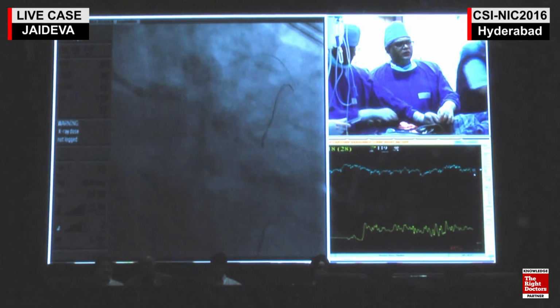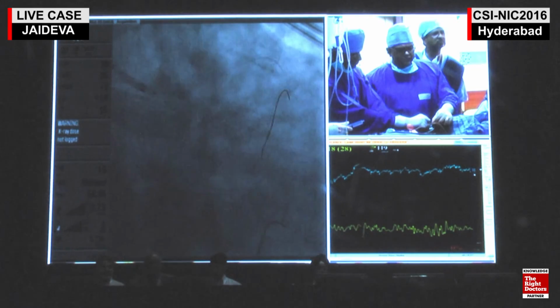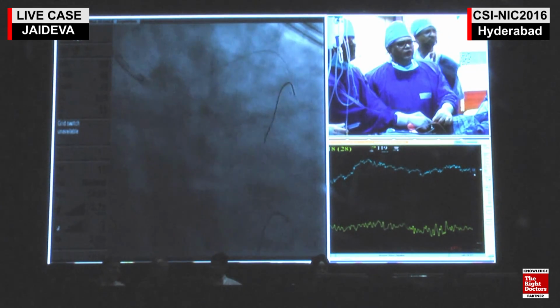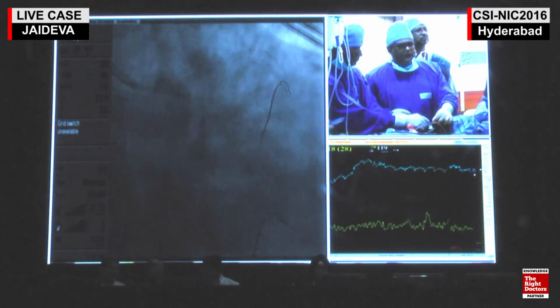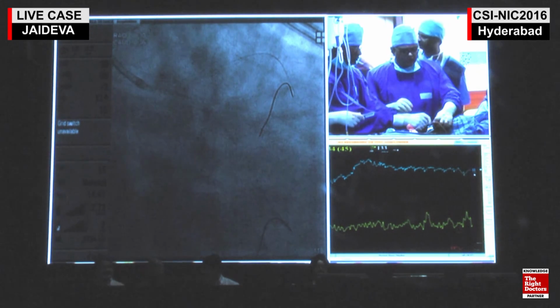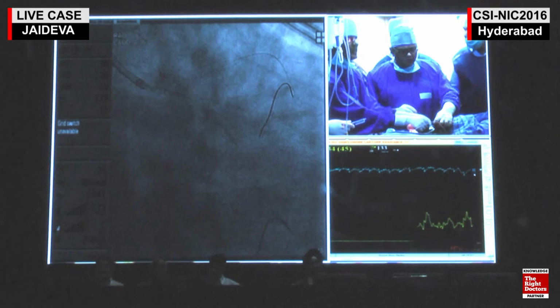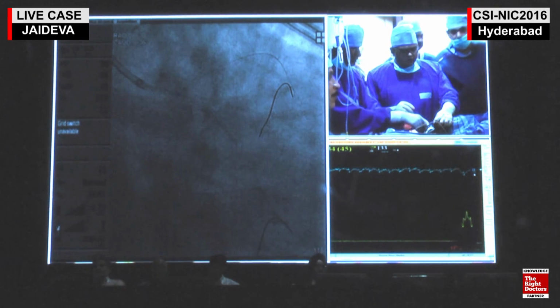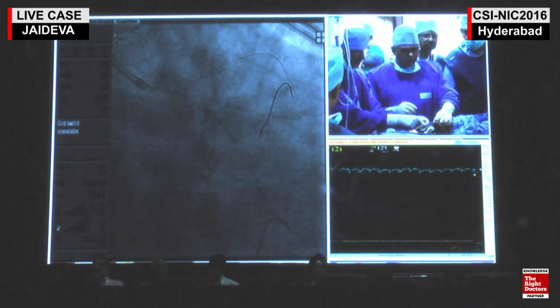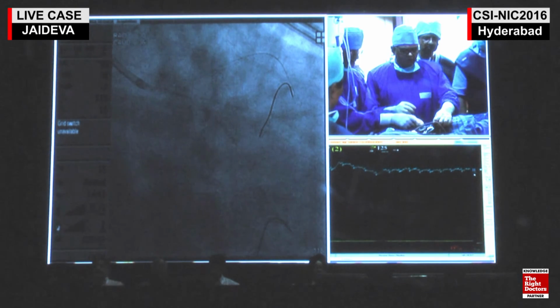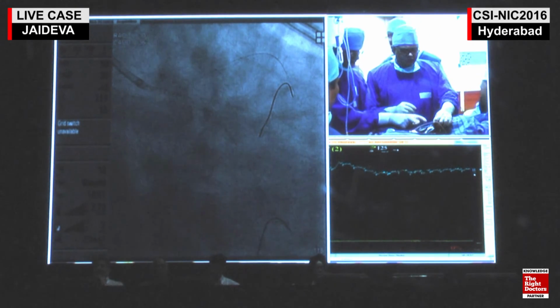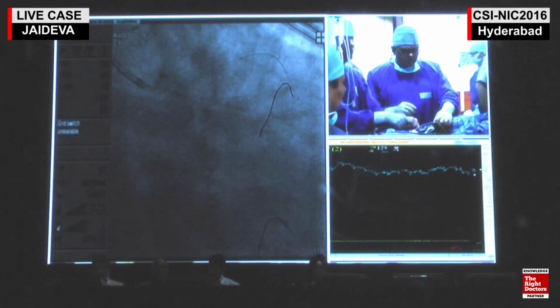Dr. Rajesh, wire. I've disengaged now. The patient was unstable, so we are just disengaging the guide and giving him some time.